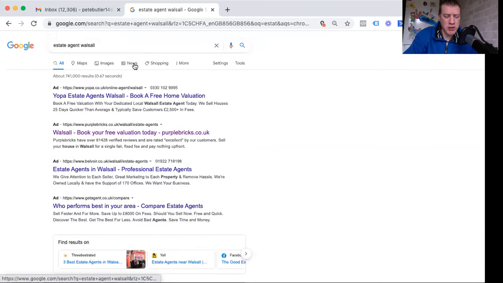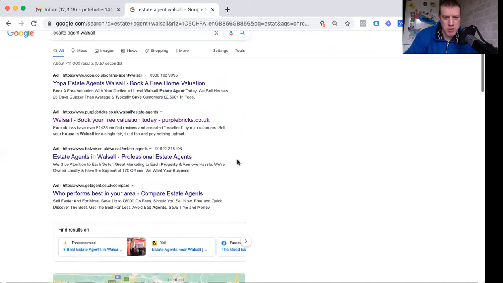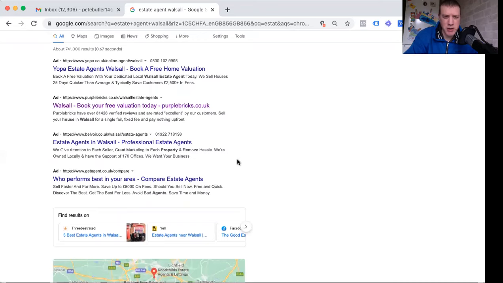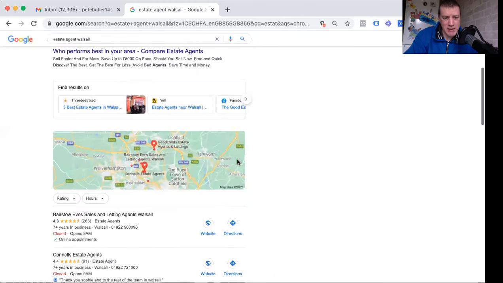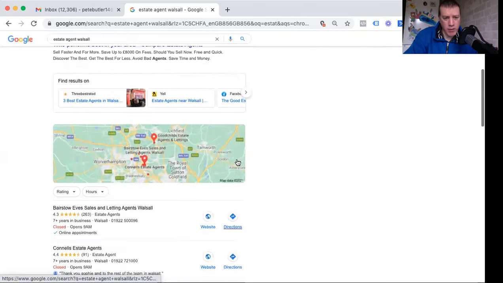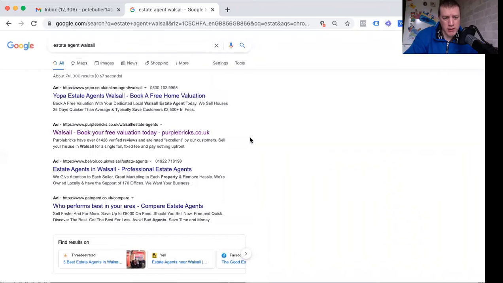Not just estate agent. Estate agent is too broad a keyword to use, but I use it as an example because it's the biggest search volume in the UK, 60,000 searches versus 27,000. If you're looking at portals, that's in the millions, but they're going for the buyers. We're looking for sellers. So what we've got to do is point out people that are looking at selling their house now.